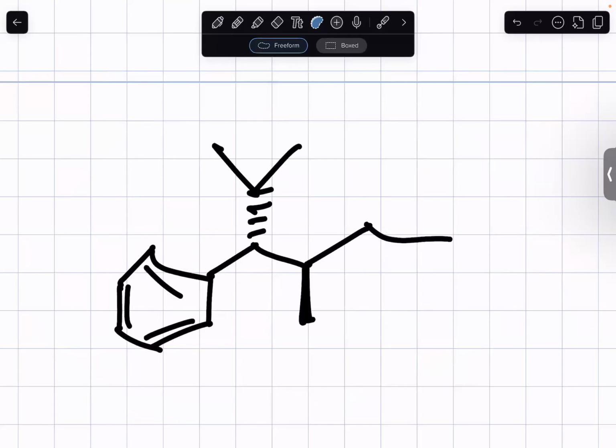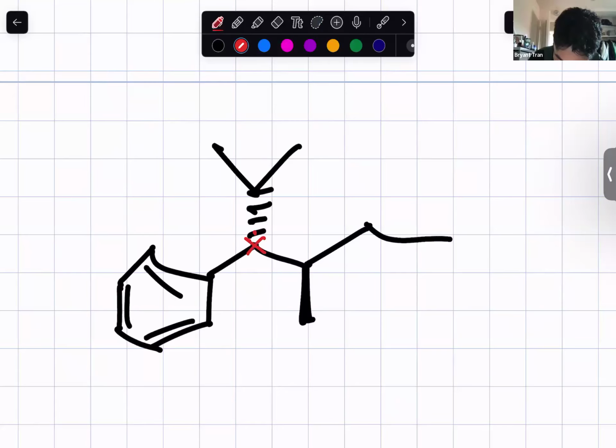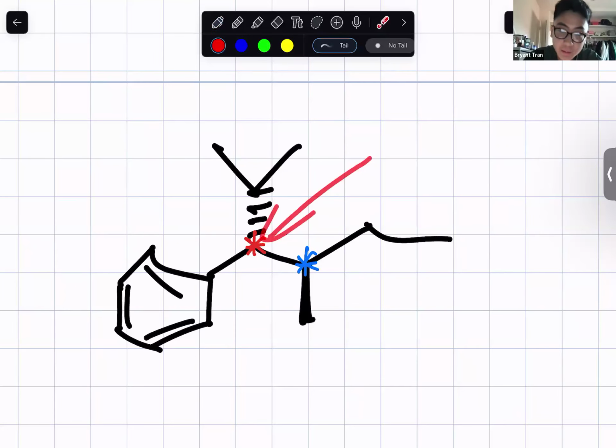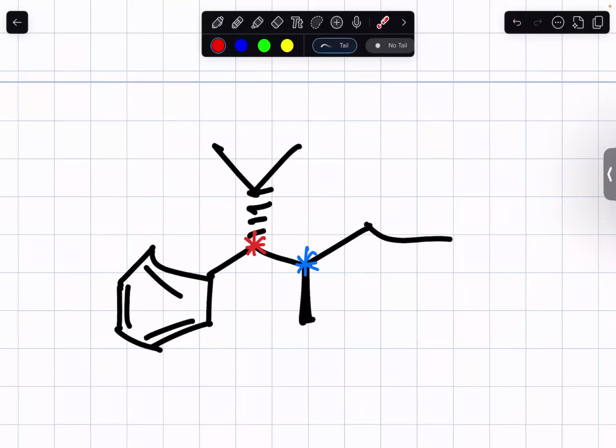Two. Yeah, two, correct. One here and another one here. Let's look at the red chiral center. Is it R or is it S? It's an S. Okay.